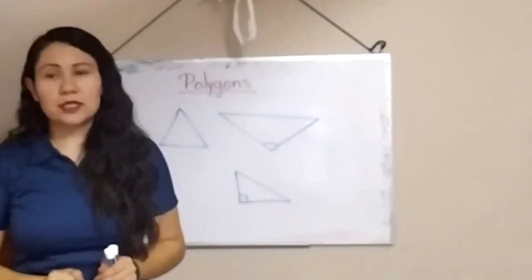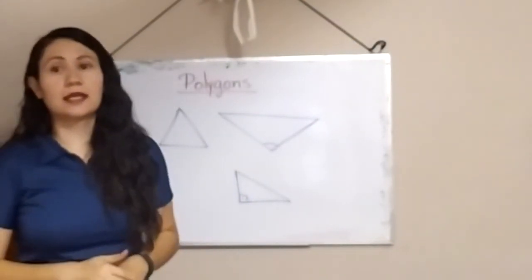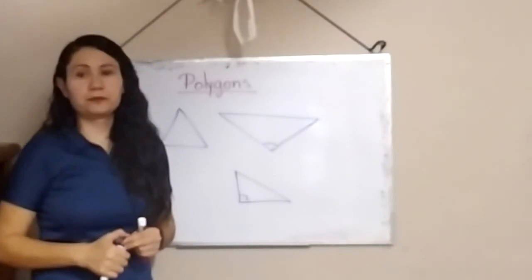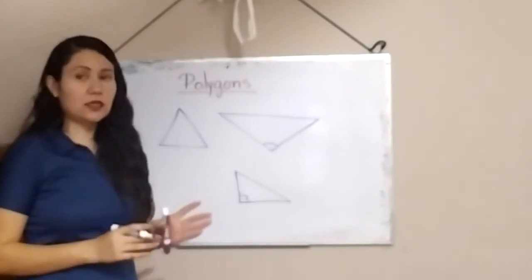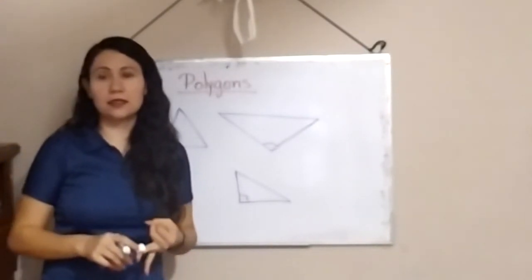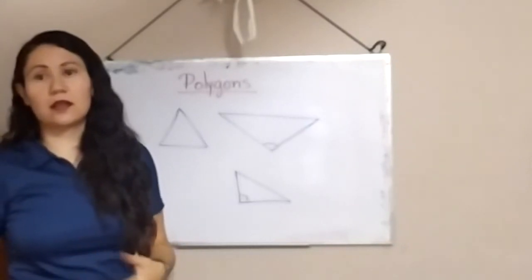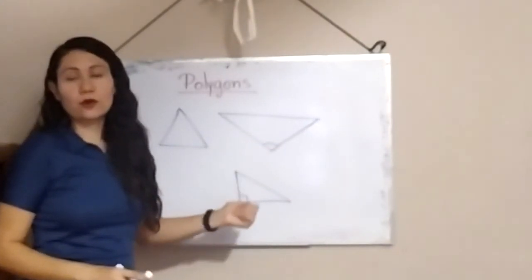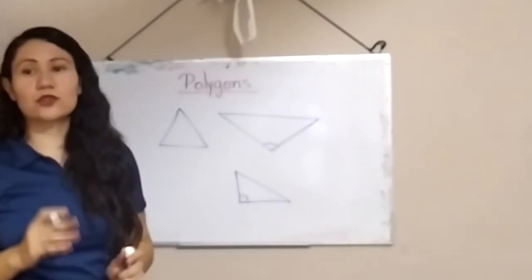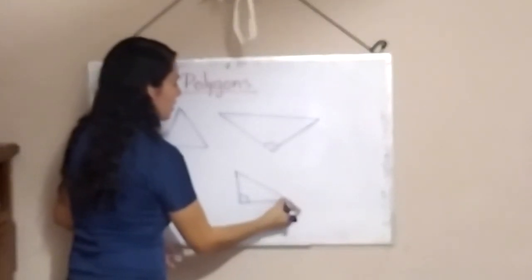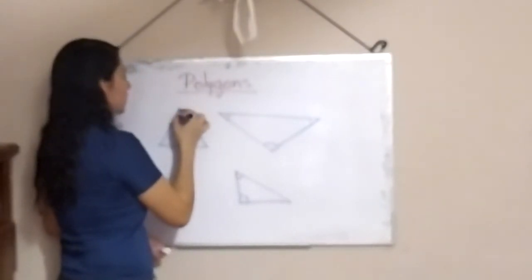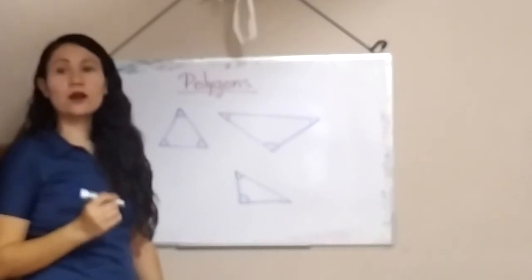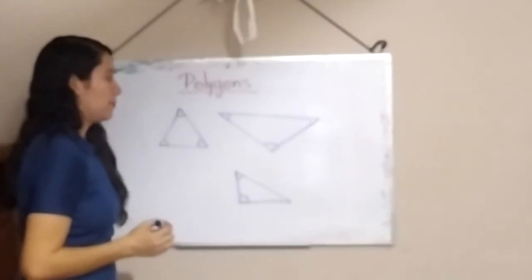A very important thing is that in every triangle, doesn't matter if it is scalene, isosceles, equilateral, acute, obtuse, or right, all of the triangles always, if we measure all of their angles, they are going to add up to 180 every time.